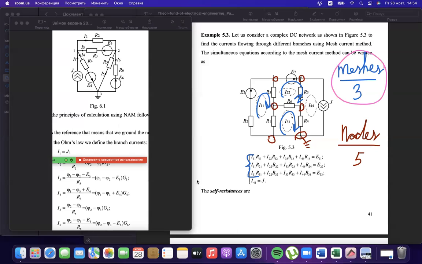Let's see the second case. In the second case, we have 1, 2, 3 meshes. Also, we have a current source, and we neglect the mesh with current source. We aren't making an equation for this last mesh with J, but using the mesh approach we have 3 equations.